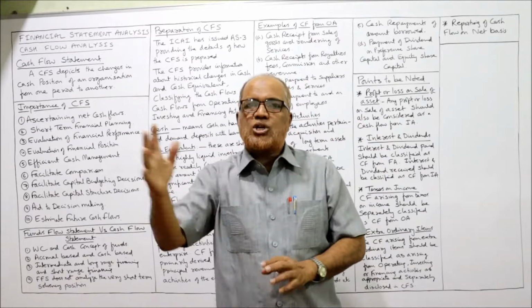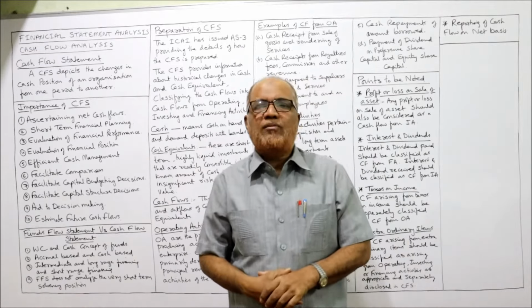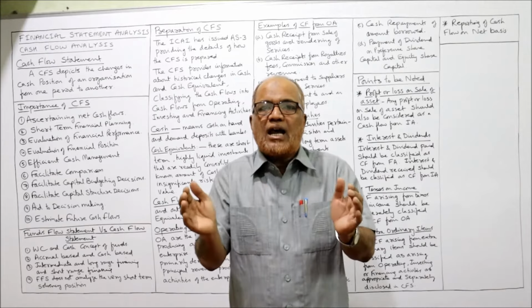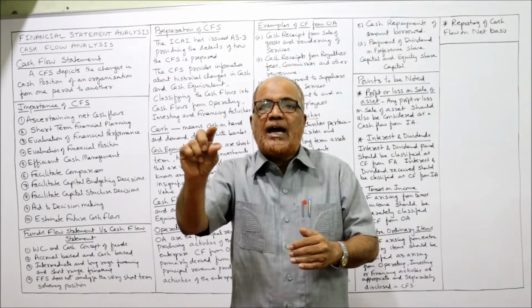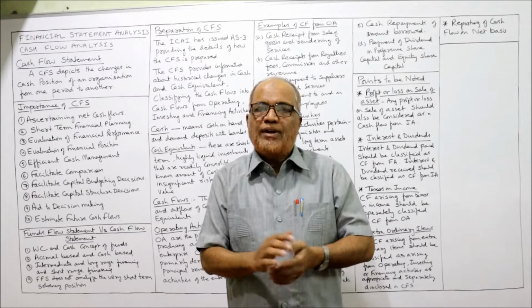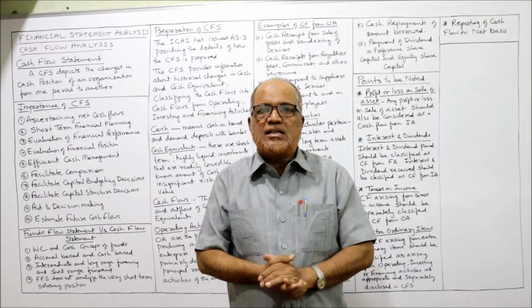But the difference is, in the cash book we record each and every transaction which involves cash. Whether we are receiving cash or paying cash, all the transactions will be recorded. But in the cash flow statement we categorize all cash inflows and cash outflows under specific heads.